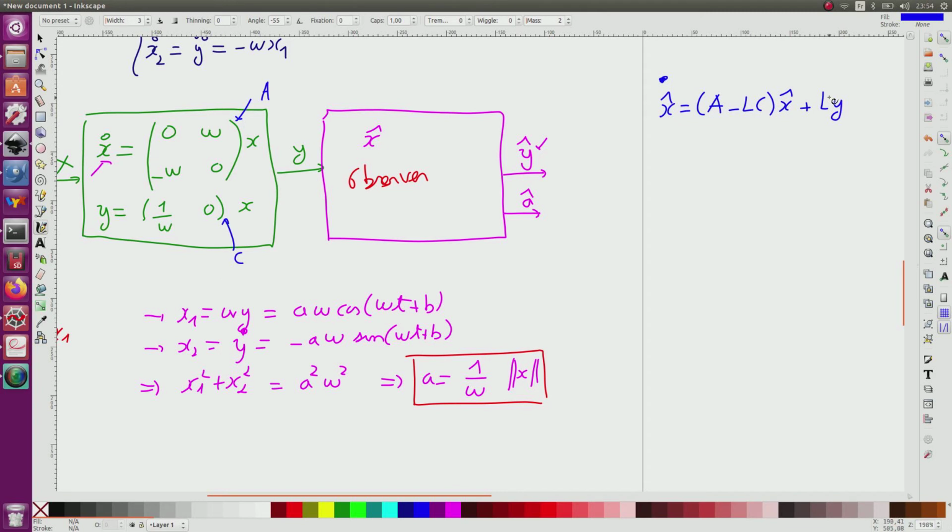And L is unknown, so I have to find it, but I know it will have the form L1, L2. So 2 lines because x is of dimension 2, and 1 row because y is of dimension 1. So I know A and C, and the only unknown is L.